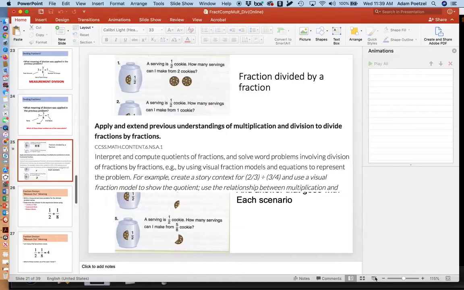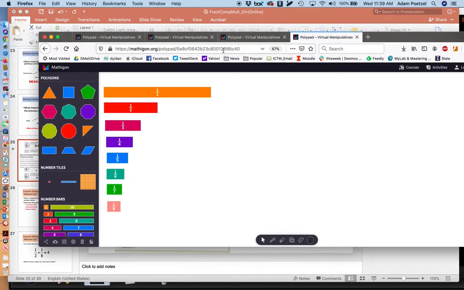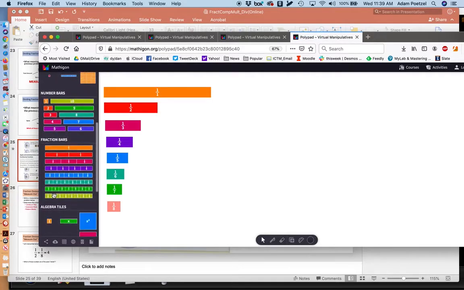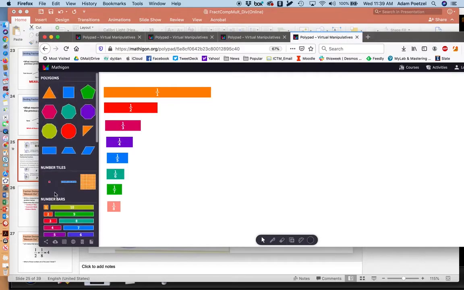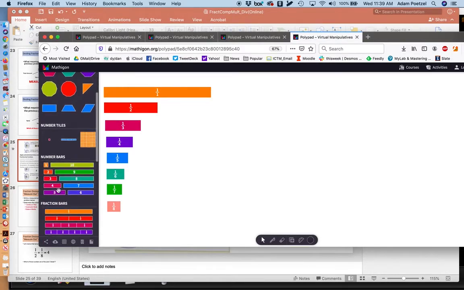And while you think about that, I'm going to pull up some virtual manipulatives here for us to look at. I'm going to use the polypad manipulatives. They don't have the circles on this one, so let me find one that has the circle manipulatives for us.